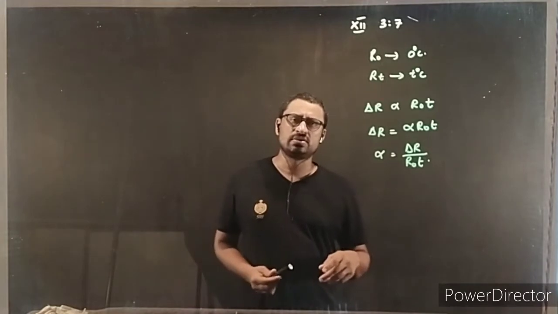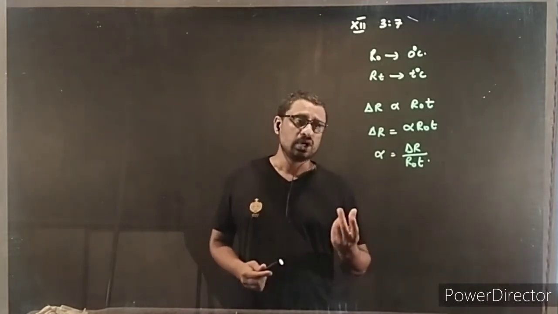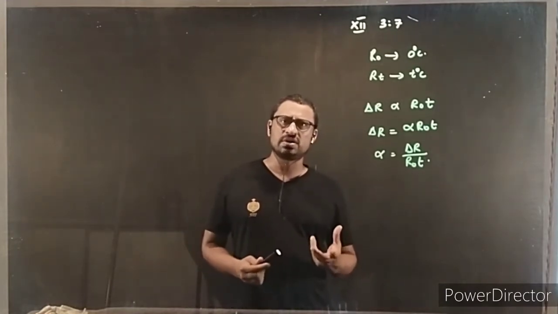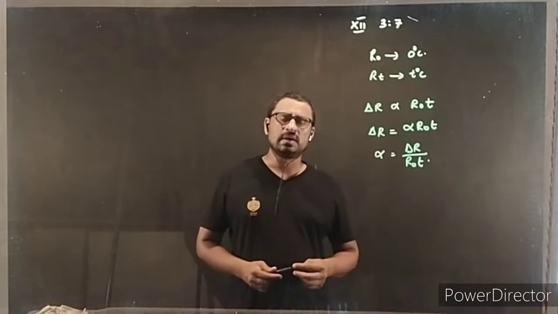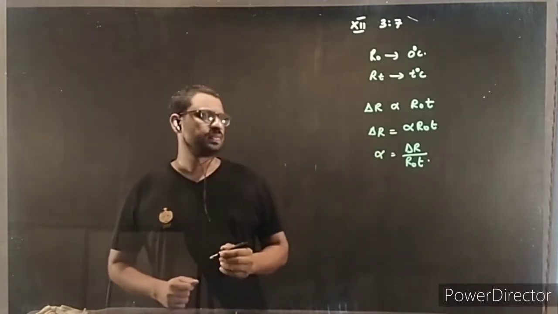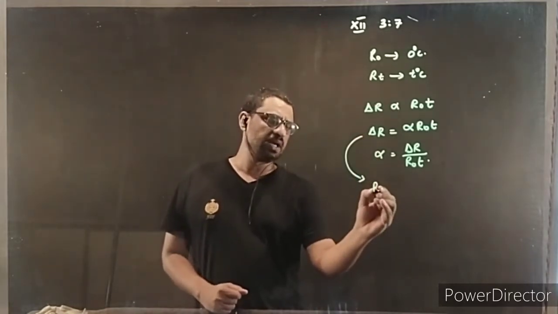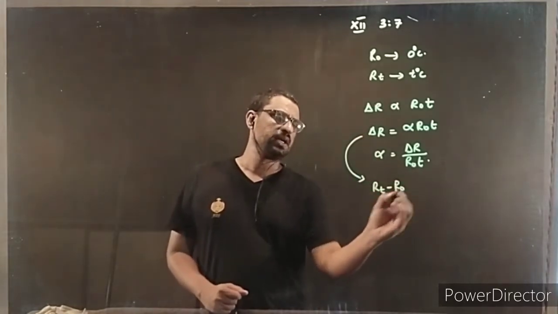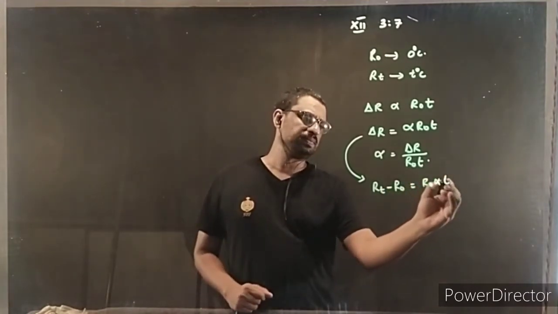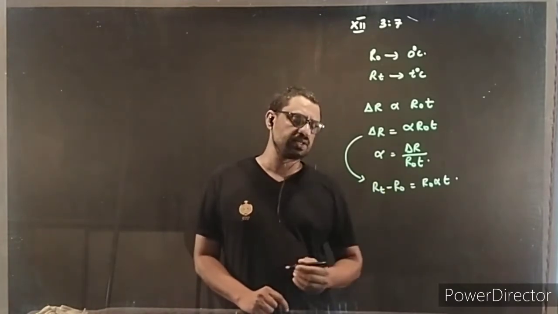Fractional rise in resistance for unit rise of temperature, and we call it the temperature coefficient of resistance. Now from this expression, delta R will be RT minus R0, and that is equal to R0 alpha T, where T is the rise in temperature from 0 degrees Celsius.